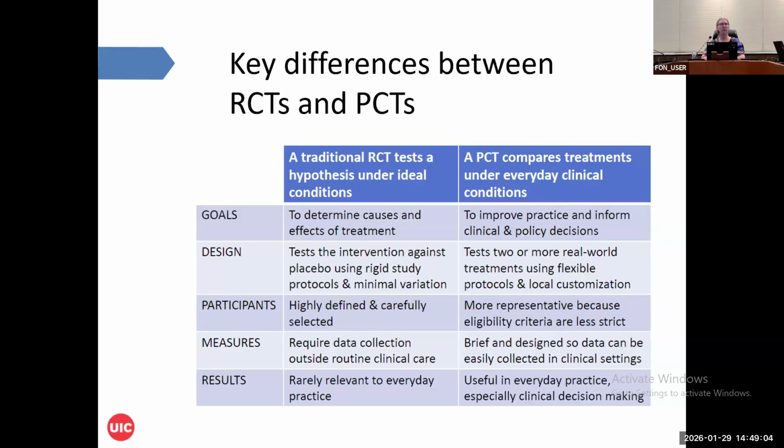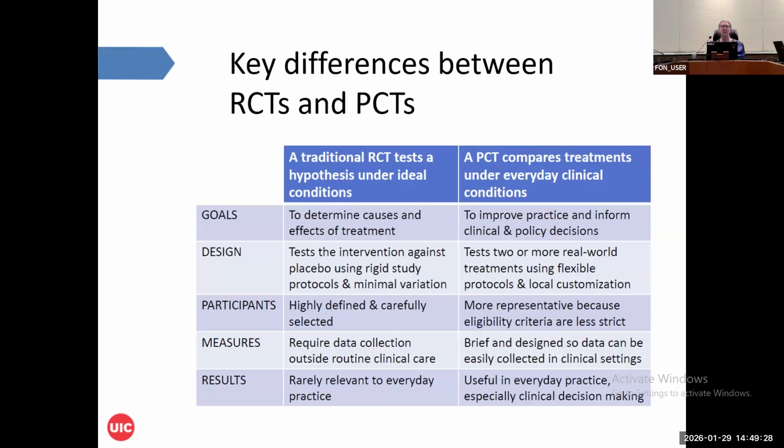The design with the randomized clinical trial is to test the intervention against placebo using rigid study protocols and minimal variation. However, usually a pragmatic clinical trial tests 2 or more real-world treatments using flexible protocols and local customization.